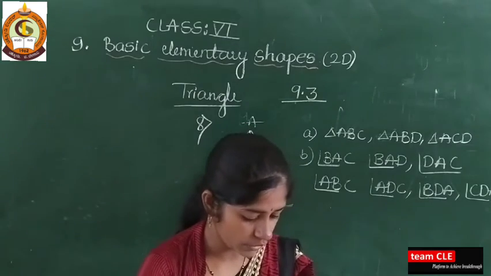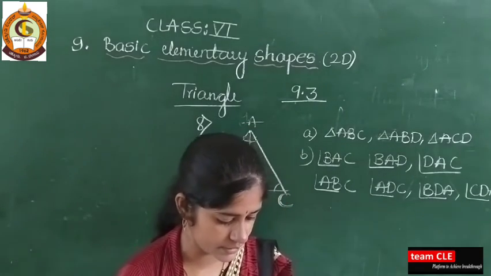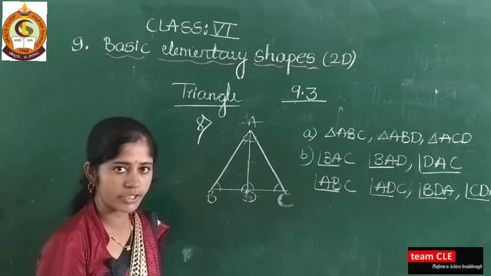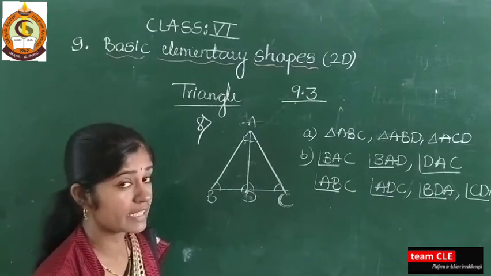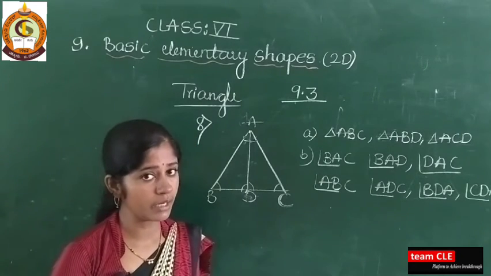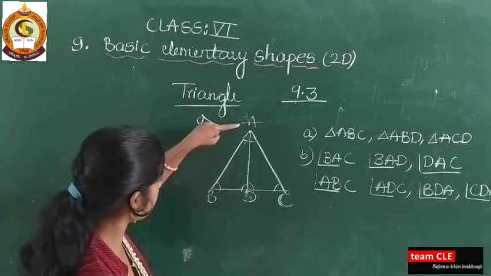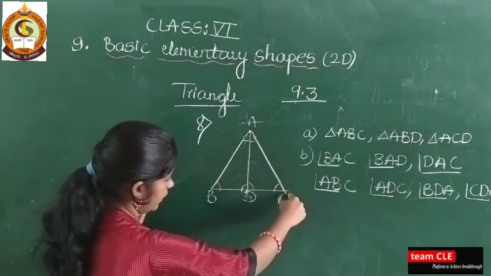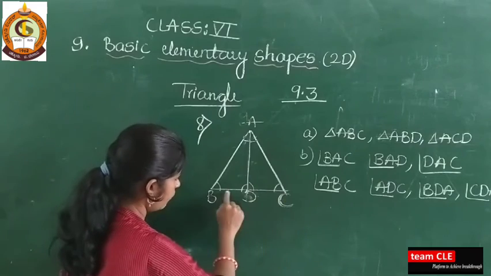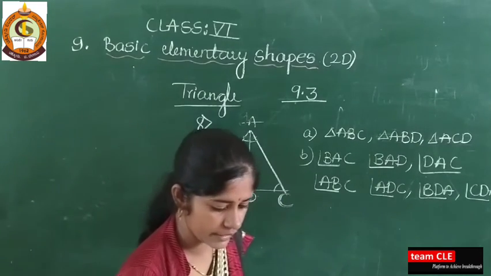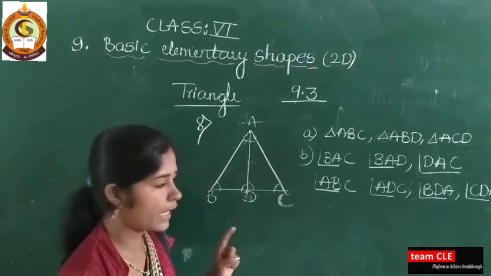Next, one more question is there, and that is: write the names of 6 line segments. Already you know line segments. A line segment means it is a part of a line, and it has end points. See here, how many line segments are there? 1, 2, 3, 4, 5, 6. So 6 line segments are there.